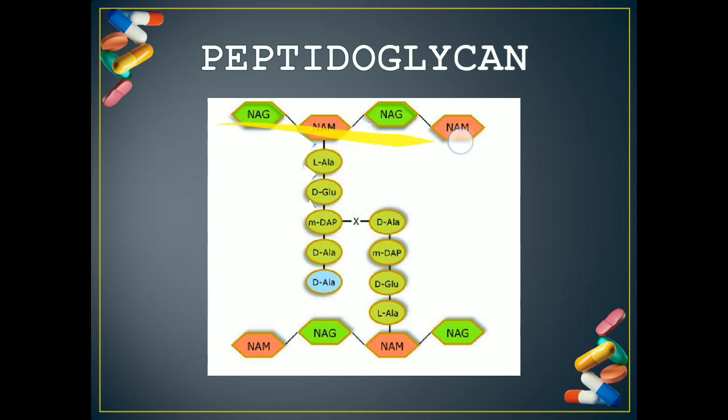Now, such chains of NAG, NAM units attached with the peptide chain are several in number. There are many such chains that are formed. Now, for a strong peptidoglycan or for a strong cell wall, these chains then have to be further interlinked.